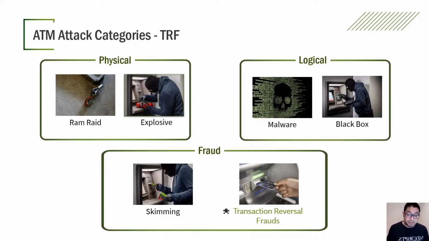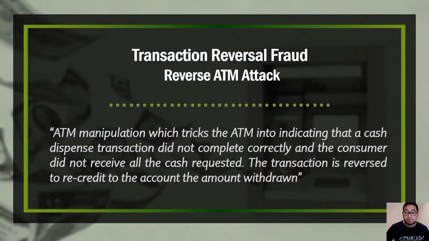For example, in skimming, they will not attack the ATM, they will not attack the financial institution, they will be targeting the customers. And in the transaction reversal fraud, well, this is the fraud that we are going to discuss. The transaction reversal fraud can also be called a reverse ATM attack.